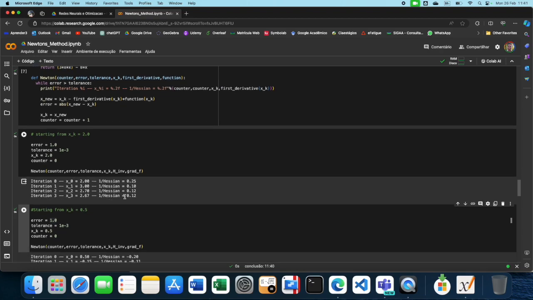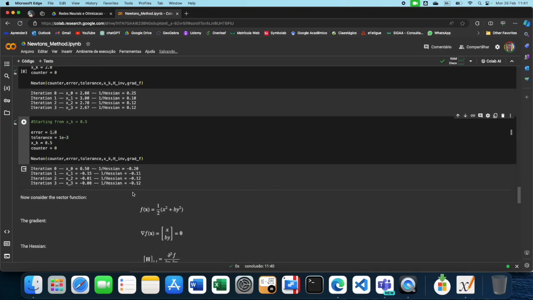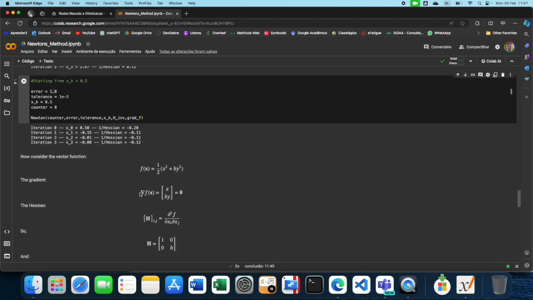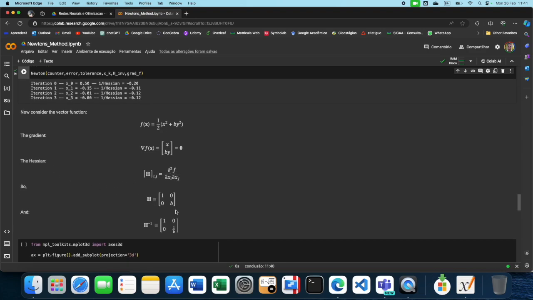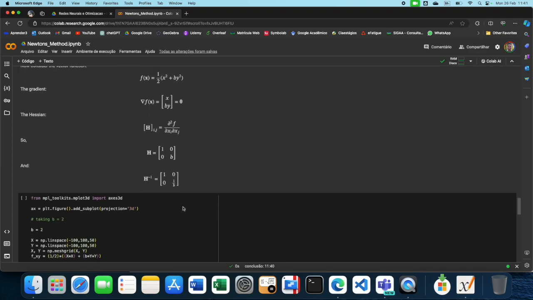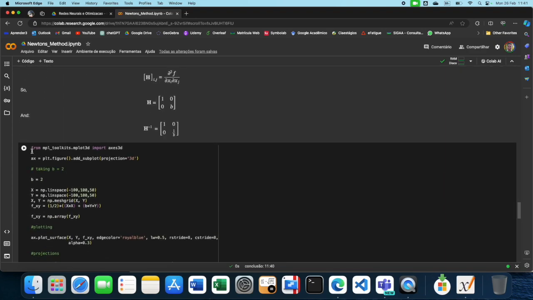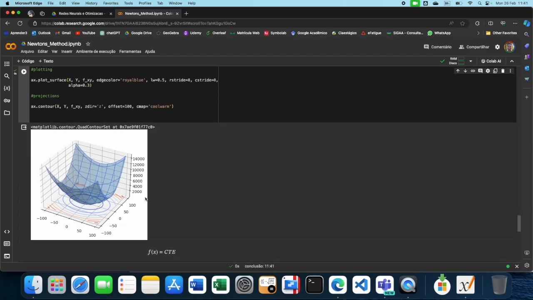And I want you to see a different example. We are considering now a vector function with x, y as inputs. And here I manually evaluated the Hessian for us to implement. And now I'm going to show how this function looks. Okay, this is the function that we are considering now.